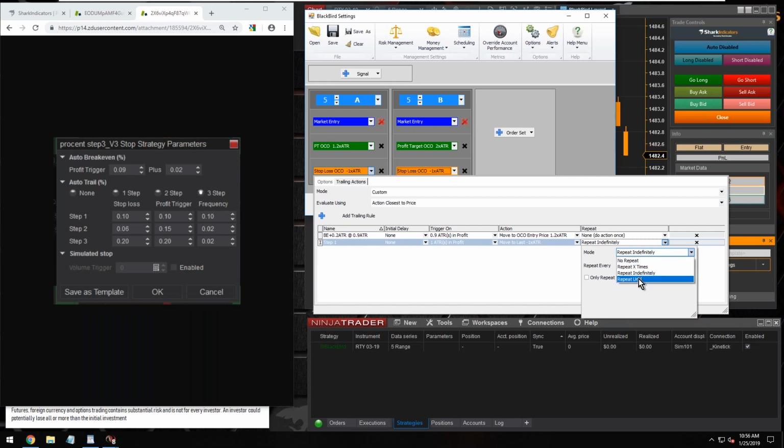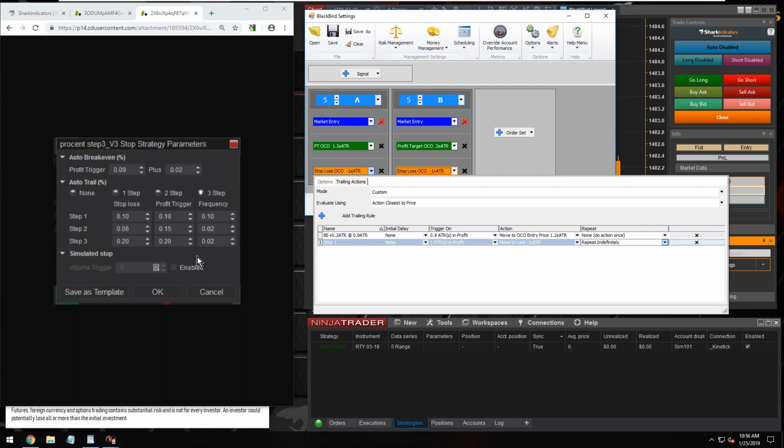You could repeat until some other condition happens, right? Or no repeating at all. So that's why we use repeat, because it's a more flexible term for what BlackBird can do.